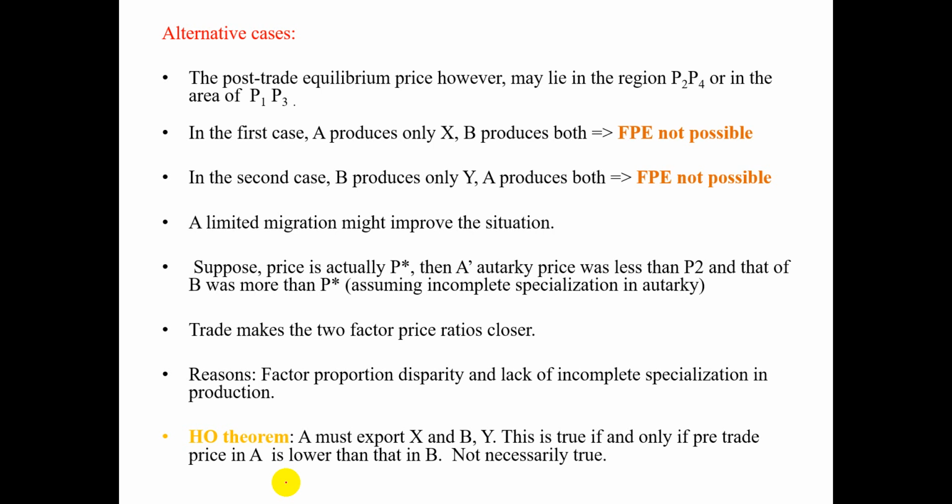Now, this will be true if and only if the pre-trade price in A is lower than that in B, but that may not be necessarily true. So once again, the Heckscher-Ohlin theorem will depend on where the pre-trade commodity prices for the two countries are lying.